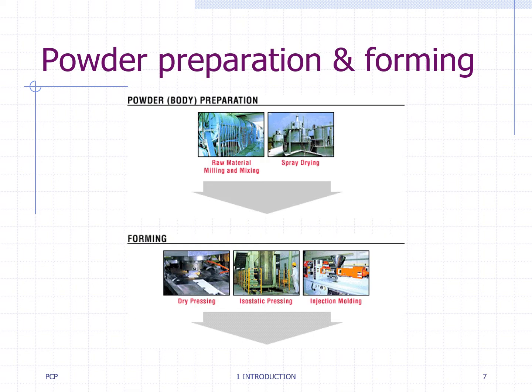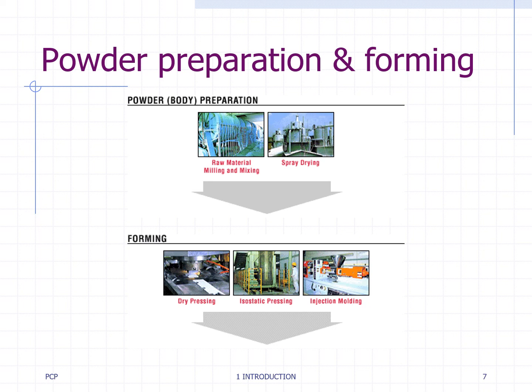Another way to represent the sequence of a typical ceramic manufacturing plant is shown here. This first part comprises powder preparation and forming. Milling and/or mixing is usually performed with a ball mill.